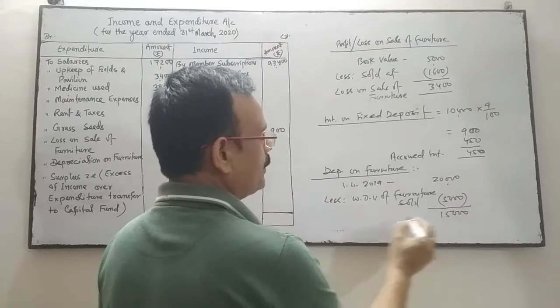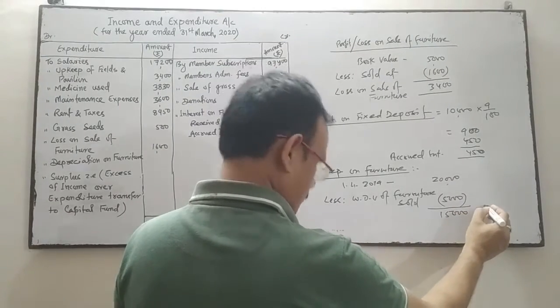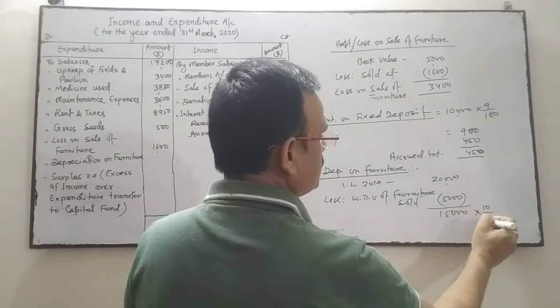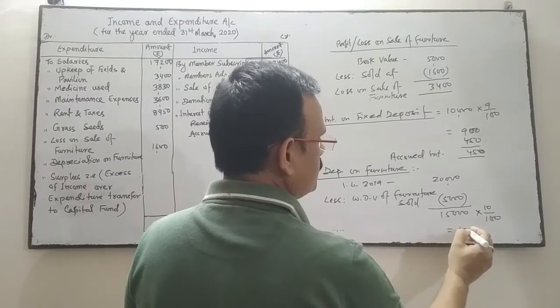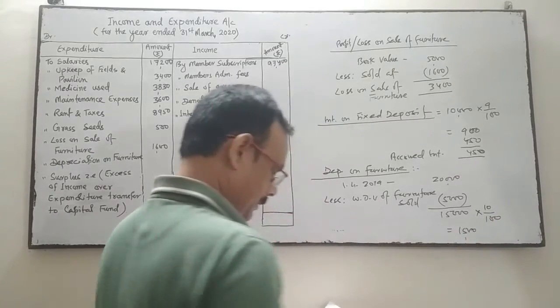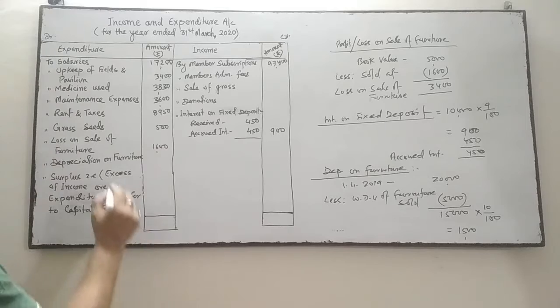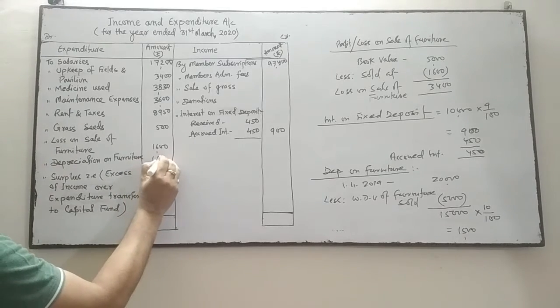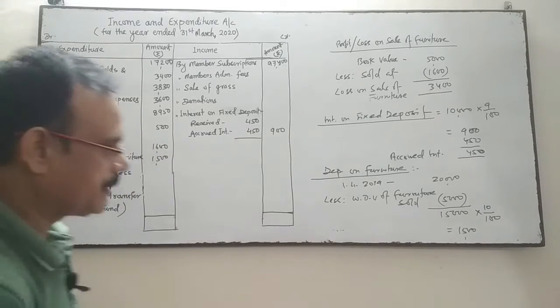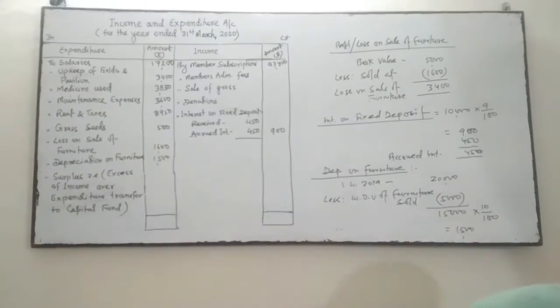So depreciation will be at the rate of 10%. So depreciation is 1,500. 1,500 is the depreciation on furniture.